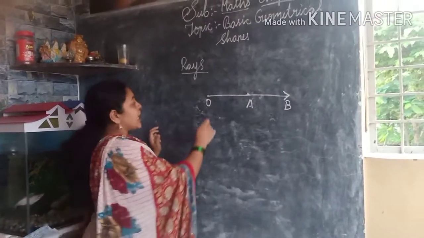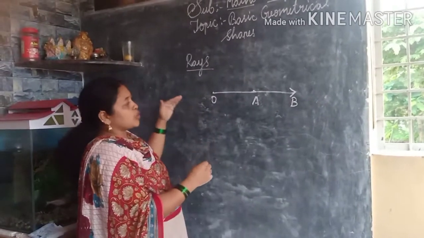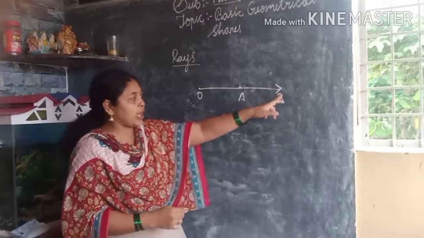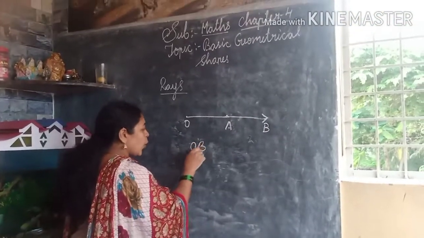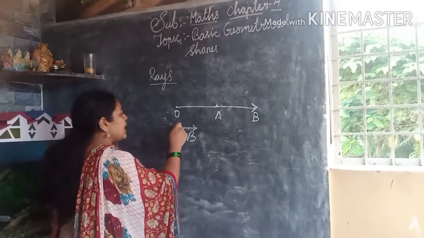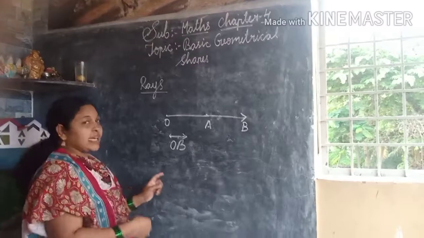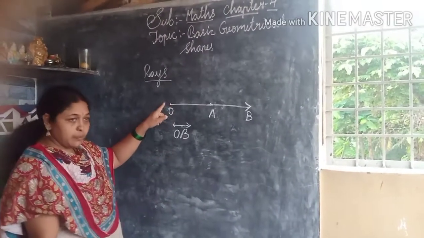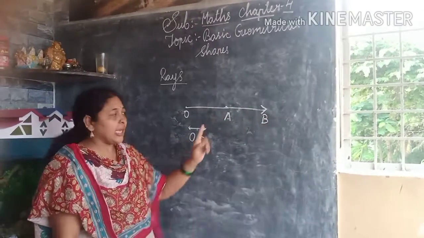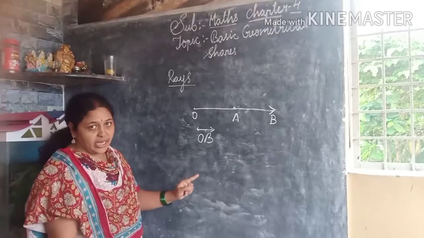Am I clear? It starts with a point and moves towards a direction. Now it's moving in this direction because this arrow mark shows it. So now OB becomes a ray. What is a ray? When a line starts from a point and moves towards a direction, it becomes a ray. So here OB is a ray. Are we clear?